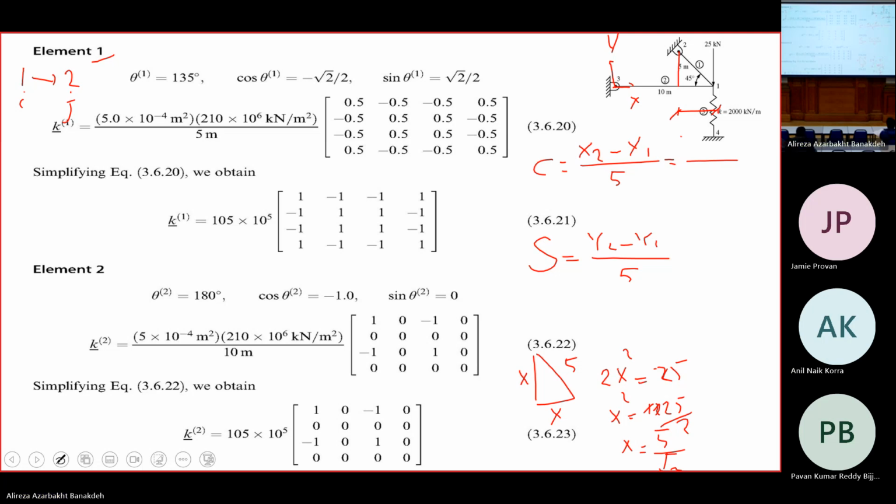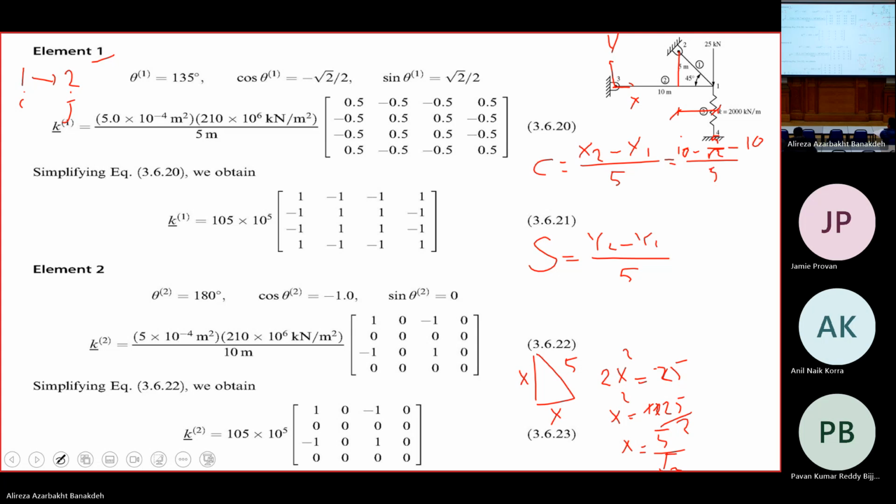So, why do I need that? Because of x. So x2 is 10 minus 5 divided by square root of 2, minus x1, which is 0, divided by 5.